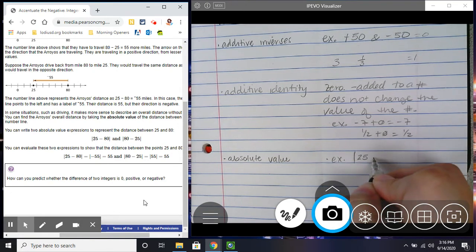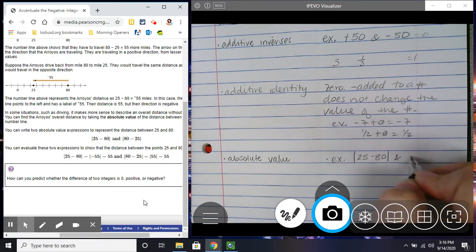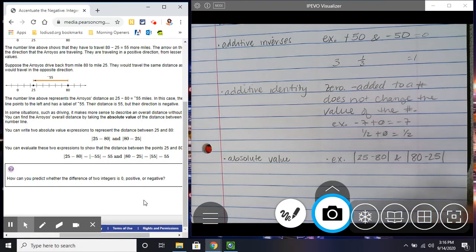So 25 minus 80 and 80 minus 25. So you can see if you did 25 minus 80, you would get a negative answer, whereas 80 minus 25, you get a positive answer. But because they are in these absolute value brackets, it basically means that it doesn't matter if it's going to be a negative or a positive answer, the number is still the same.